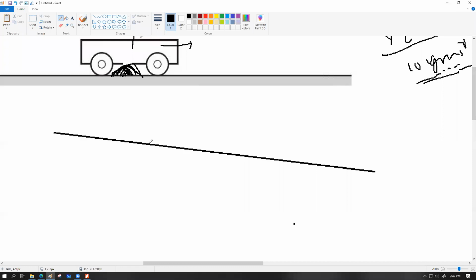So let's say here we have one ice skater, and here we have another ice skater, and this is the skate that we have. They are moving forward at a constant velocity. For whatever reason, beyond a certain point, this skate cracks into two pieces.